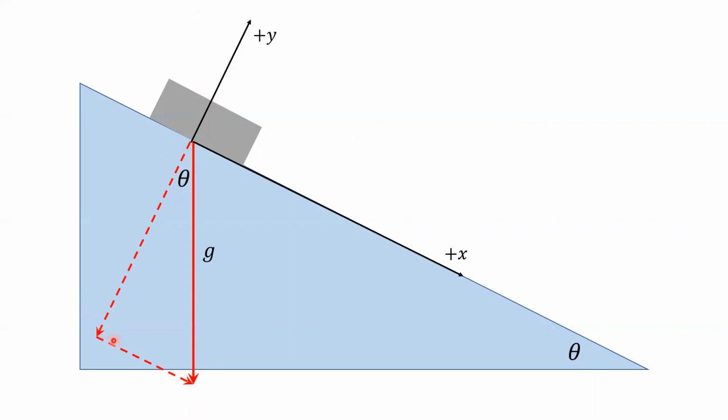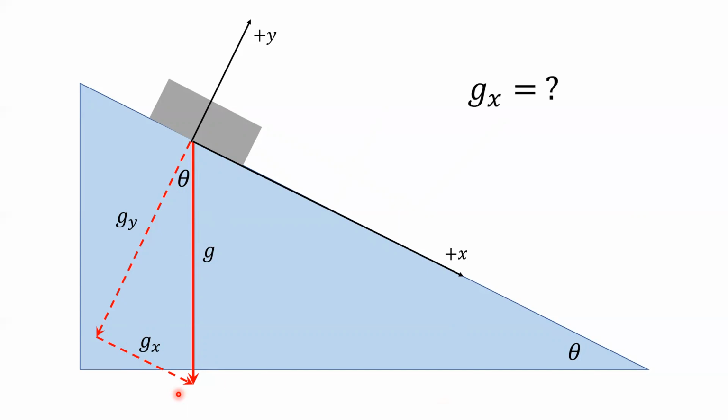This would have to be the x component of the g vector because it's parallel to the ramp, and this would have to be the y component, hence the labels. Subscripts indicate components, and notice I have not put a vector symbol here, and I didn't put an arrow symbol here either. I suppose my G here just represents the length of the vector.